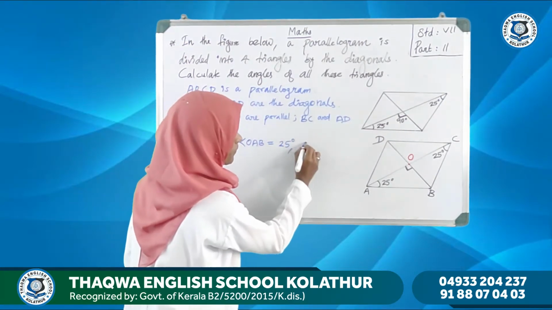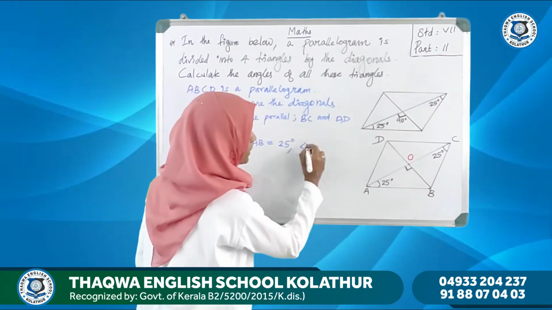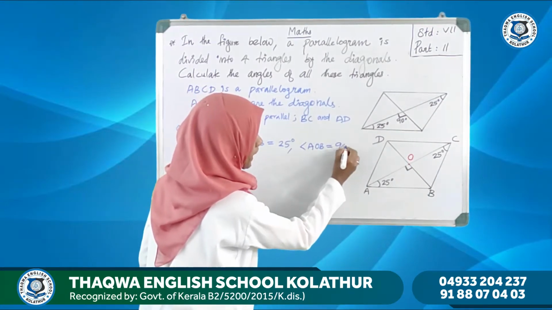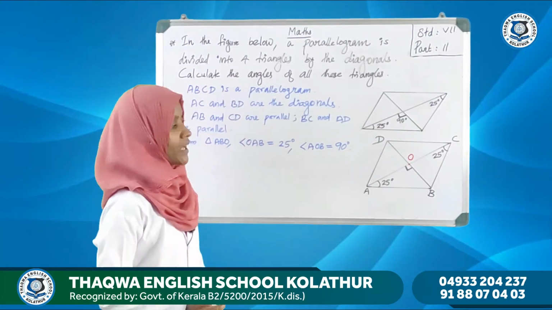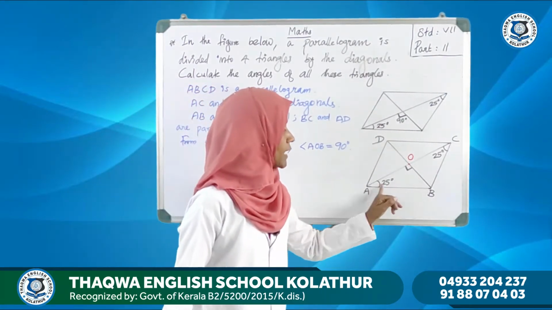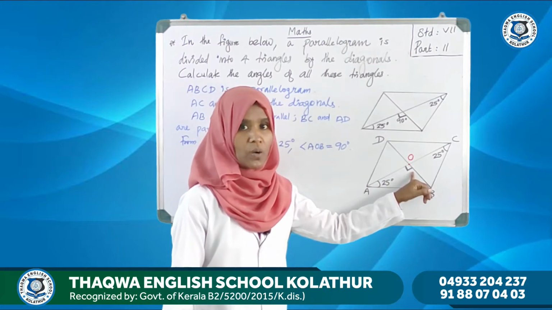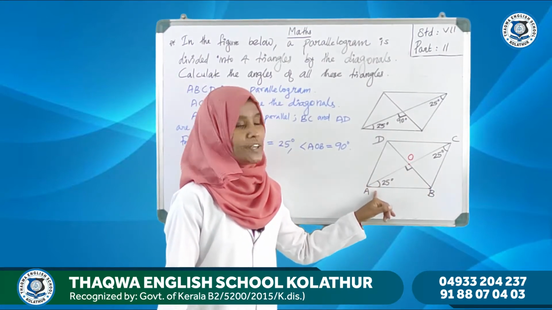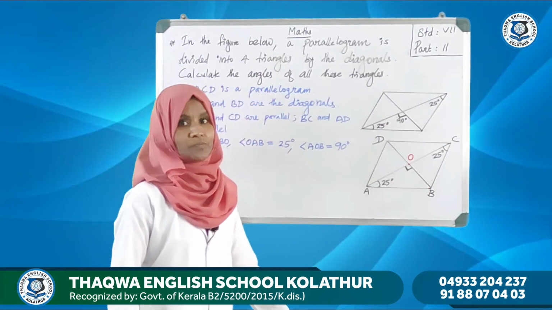Next, angle AOB is 90 degree. Okay, now we have to find out angle ABO. How can you say? How to find out angle ABO?